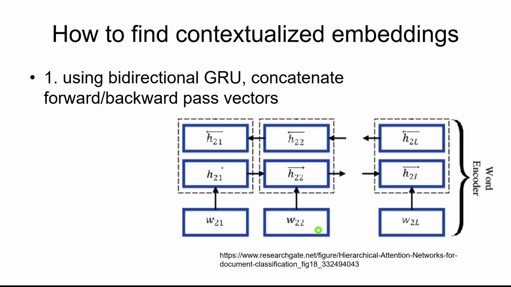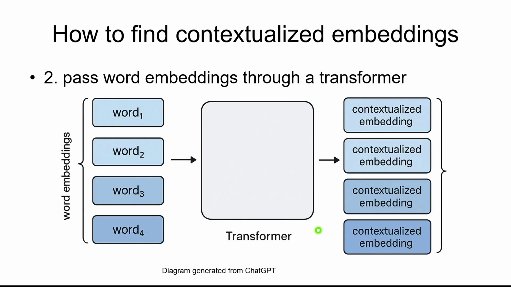Okay, so that's the first idea for getting the contextualized embeddings. The second way is to pass the word embeddings through a transformer. For example, in this case we have 4 words, and we pass them into a transformer and get the contextualized embeddings.